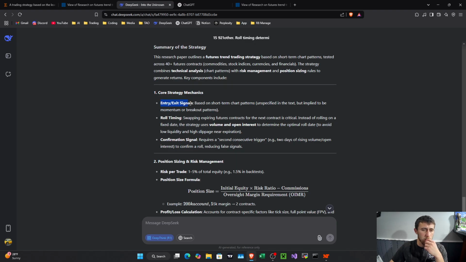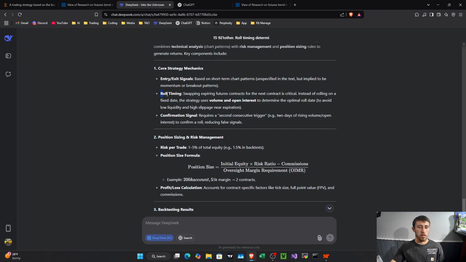Okay, exit and entry signals unspecified in the text. Okay, well that's not good, because obviously we need that to even trade it. Then roll timing. So that's just rolling over to the next contract, which NinjaTrader does automatically. So we don't care about that.